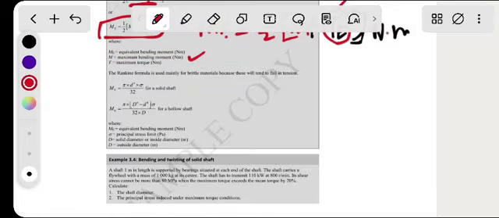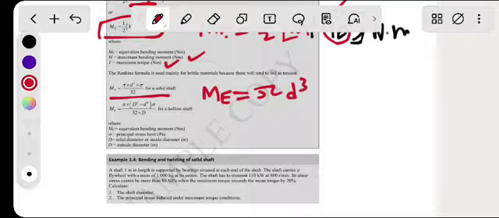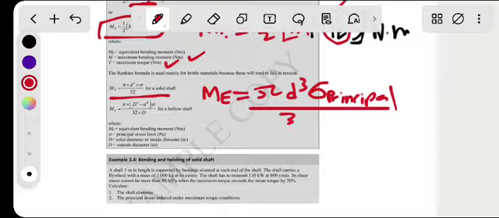Then there is the maximum torque. Another formula is mainly used for brittle material, because this will tend to fail. Another for shafts, here is a formula again. We have Me. It can be calculated as Me equals pi d raised to the power of 3, multiplied by the principal stress, divided by 32.